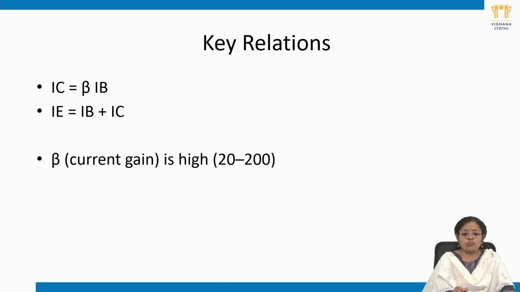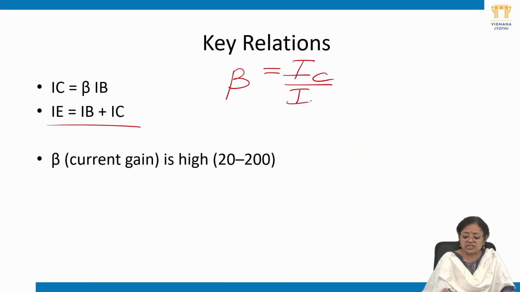So we know that the output current is equal to the current gain times IB. Beta is the current gain for common emitter. We also know that IE is equal to IB plus IC. The value of beta is output current by input current, that is IC by IB.